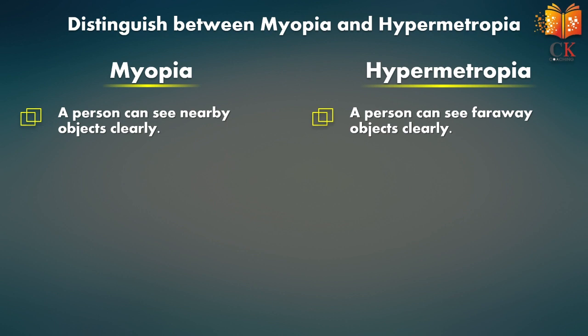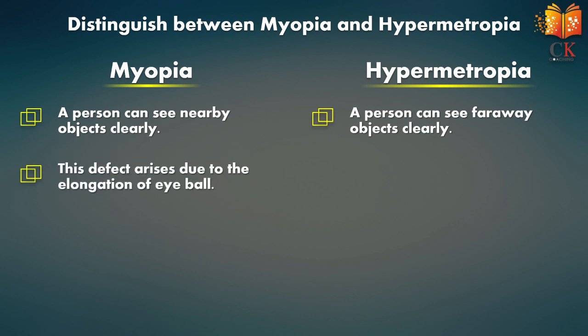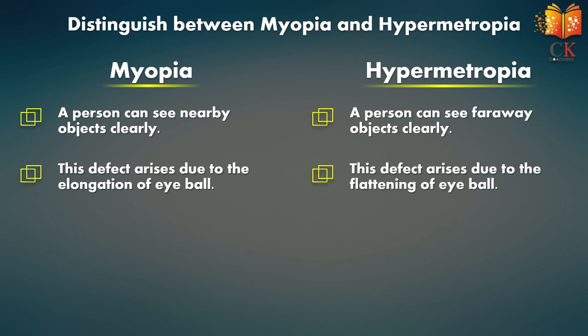Second, myopia arises due to the elongation of the eyeball, and hypermetropia arises due to the flattening of the eyeball, which we have already seen in the previous video.